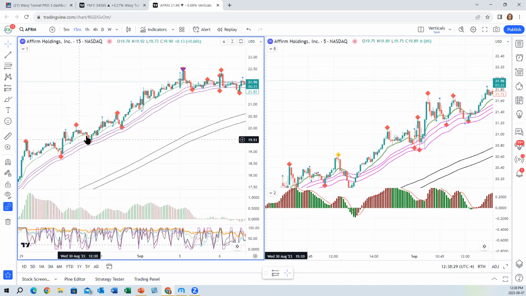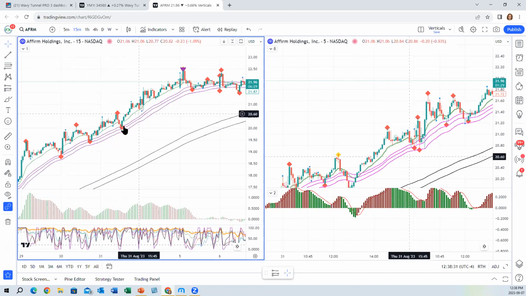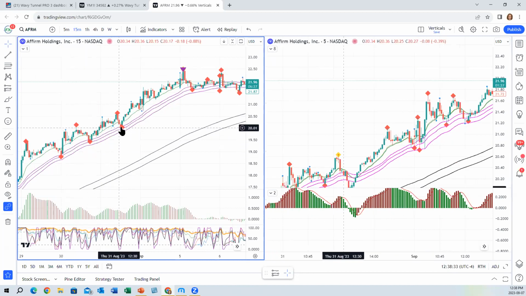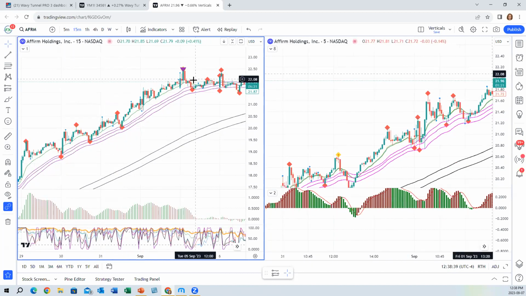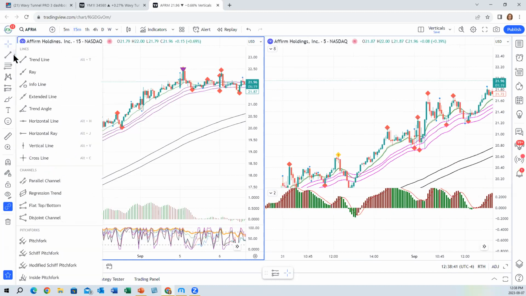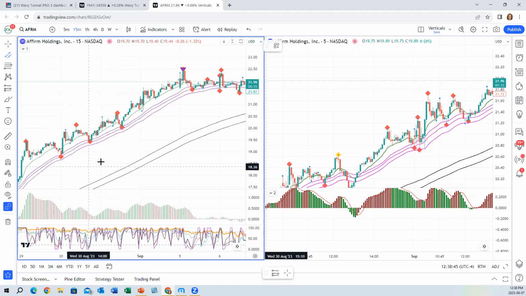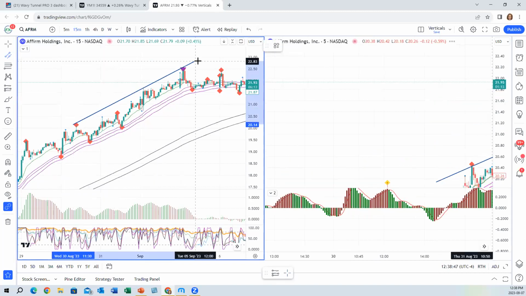We get the blues as well into the filter, but every time the market comes down into the wave, you want to be buying. You could literally draw a parallel channel around this uptrend move.